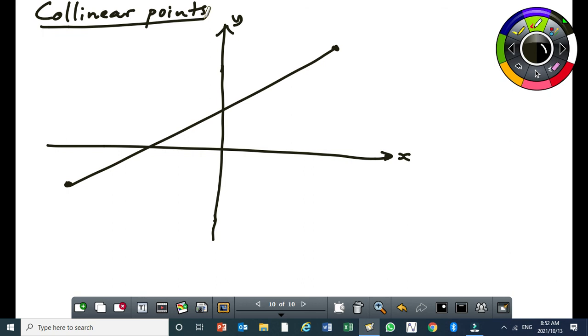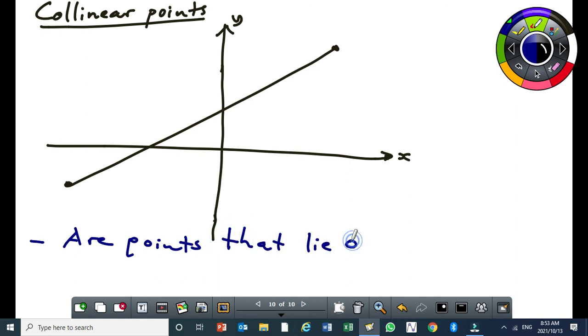Please, can you write this down before we draw the Cartesian plane? Let me write it down here, what collinear points are. Collinear points are points that lie on the same straight line.